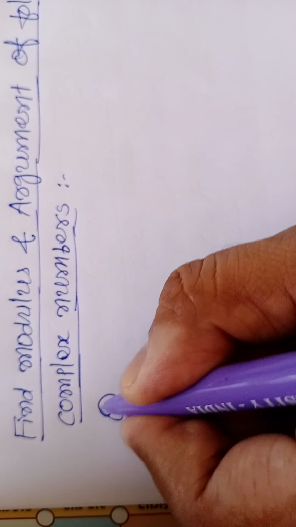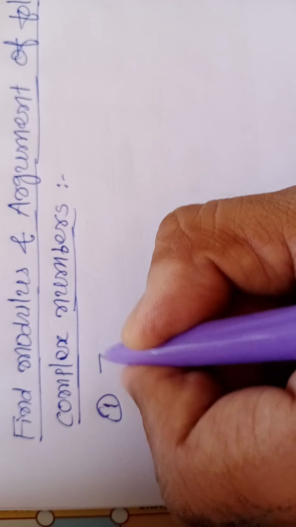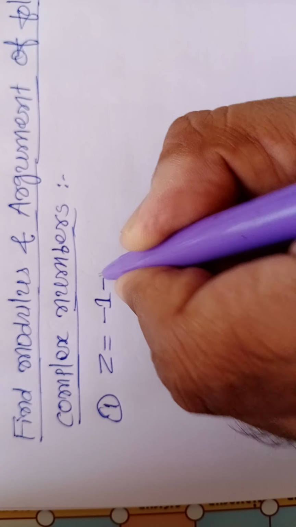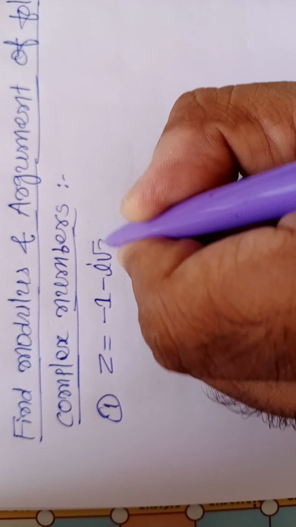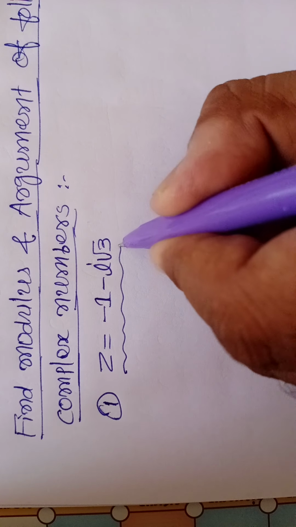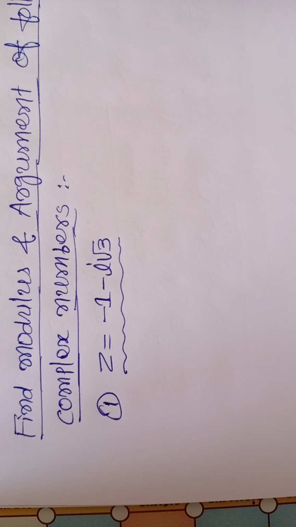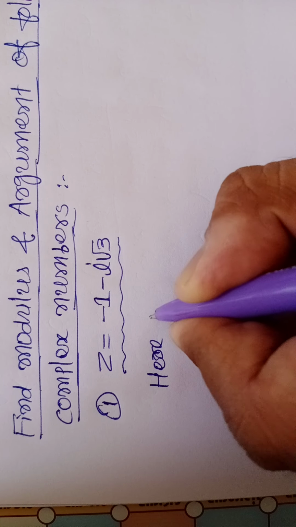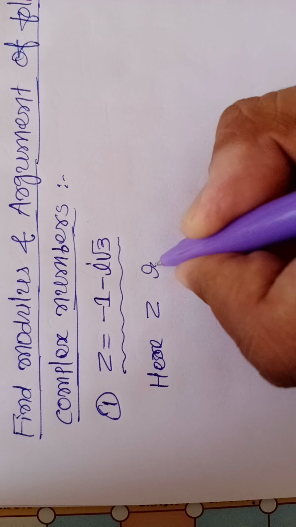See here, every complex number says z. So the first complex number is z is equal to -1 minus i root 3. So we start with the modulus. Here z represents a point.